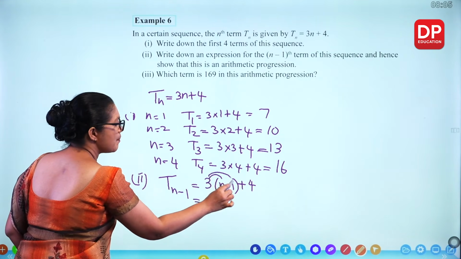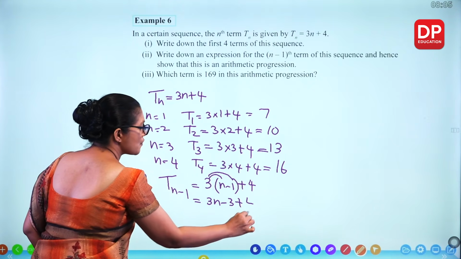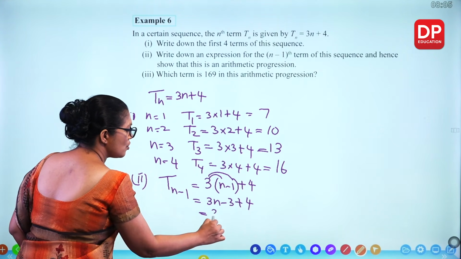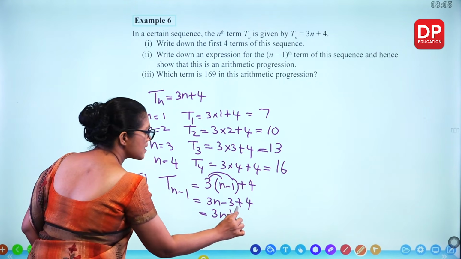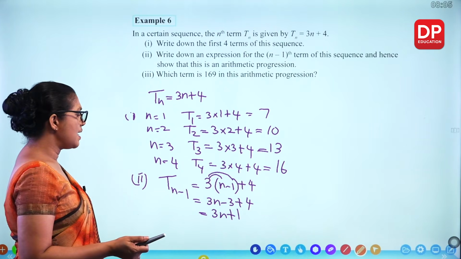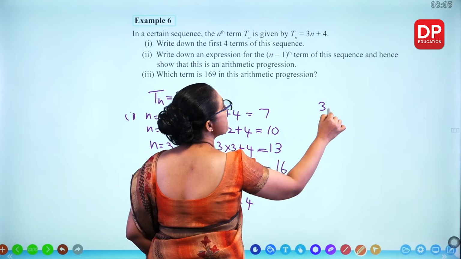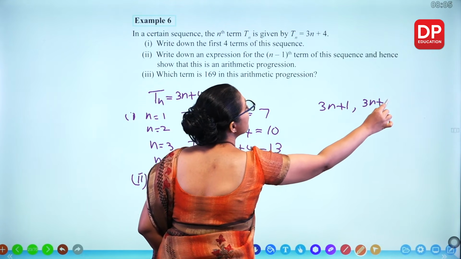Then expand the brackets: 3n minus 3 plus 4. Combining minus 3 and plus 4, you get plus 1. So the n minus 1th term is 3n plus 1. And this is the nth term.